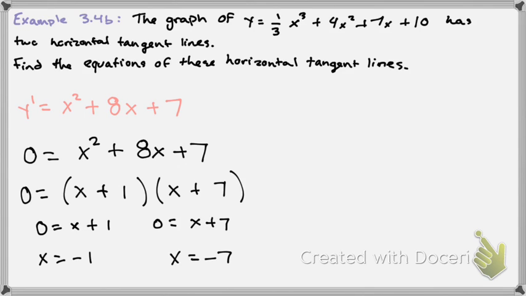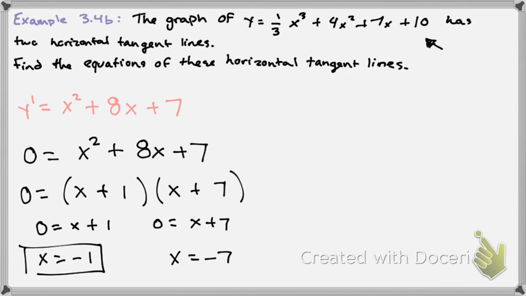So you're going to plug each of these x values into the original equation to get the y value. To save time, I actually solved them out already. But you get these numbers just by plugging into the original equation.